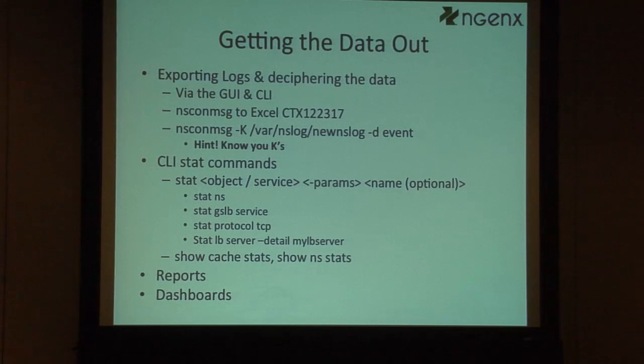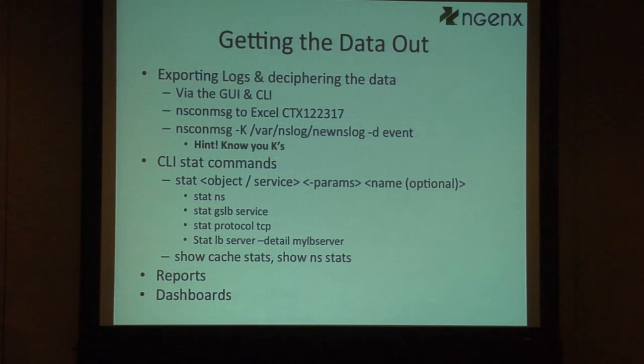Oh, yeah, exactly. So I'm going to show you some examples of what kind of data you get out of this. You also had the stat commands? Yep, the stat commands. If you're looking at the dashboards or a snapshot in the reports, this is giving you the same type of information, but from the command line. It'll give you quick stats, say for the protocol TCP: all the stats on a specific protocol and what's happening with that protocol.